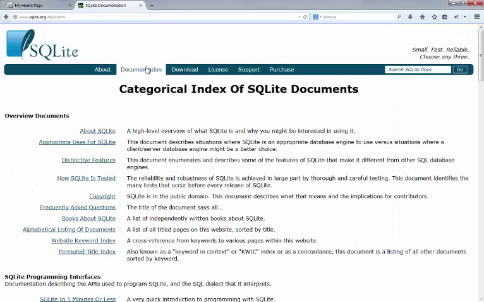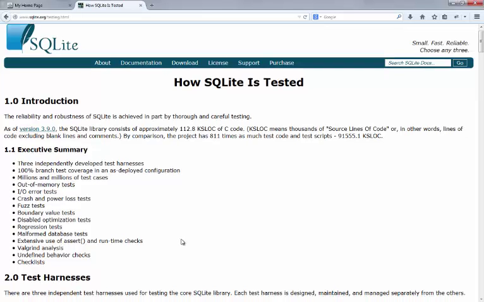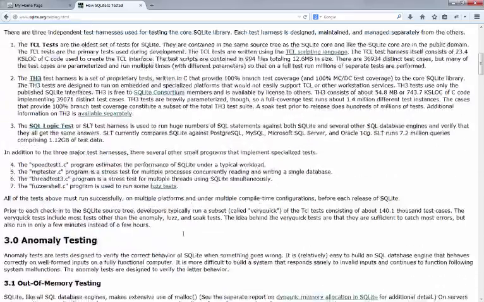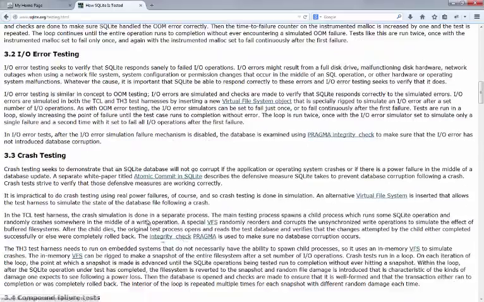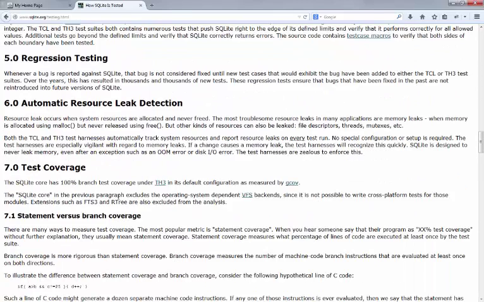So in the documentation, we can read up on how SQLite is tested, right? And the same thing might go for this. You don't have unlimited resources. So if we read this document and find out, oh, they do crash testing, they do fuzz testing, boundary value analysis, some of these you know and some of these you don't know.